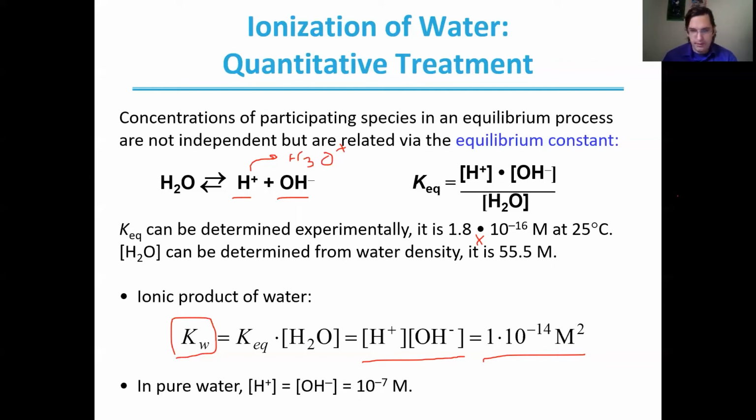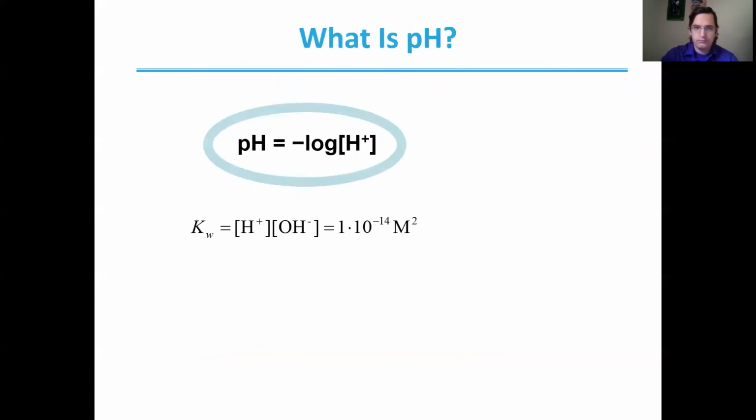That would be in pure neutral water. Now, of course, this ion product constant, these concentrations of H plus and OH minus in our pure water, will relate directly to our pH scale.